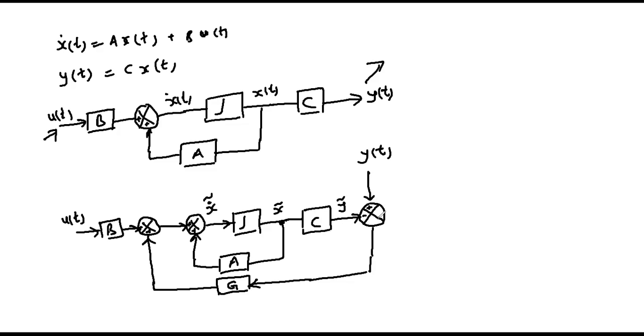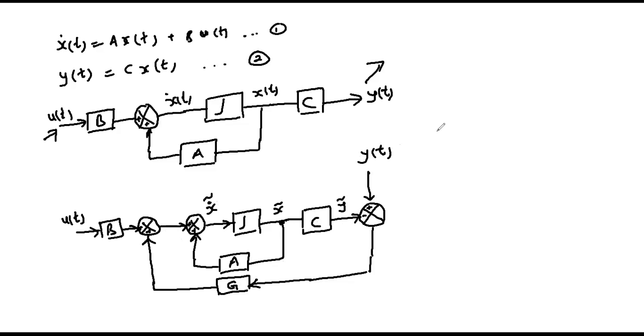So we modify our controller such that we have a feedback matrix G multiplied by the difference between the output and the estimated output of the system to constitute the estimated derivative of the states for our given system. We call this equation 1 and this equation 2.